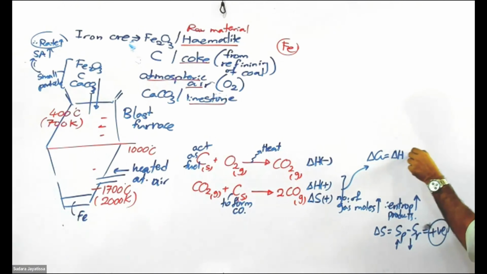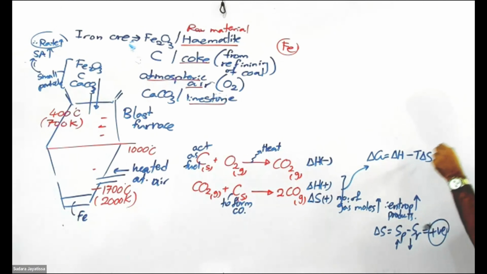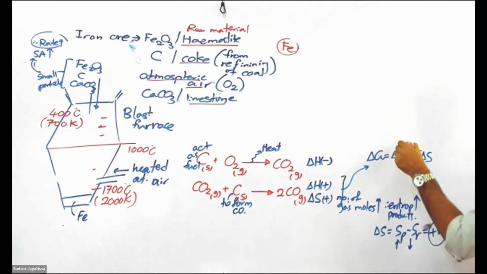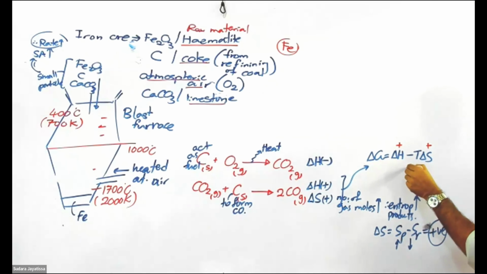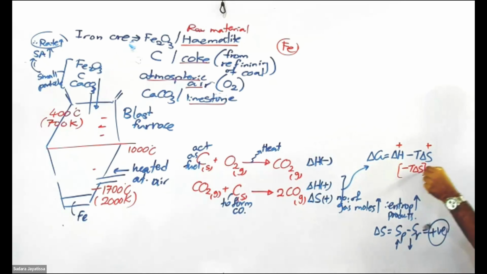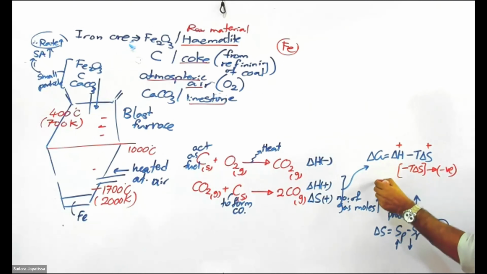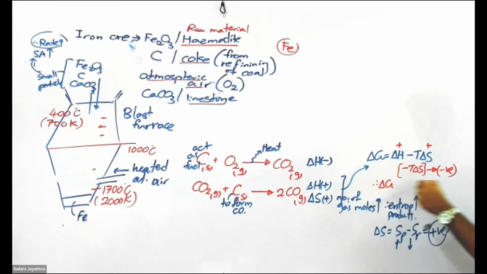Delta G equals delta H minus T delta S. Now we know the enthalpy change is positive and the entropy change is positive. So what about the minus T delta S term? It is going to be a negative value. So that means we can give a prediction about delta G.